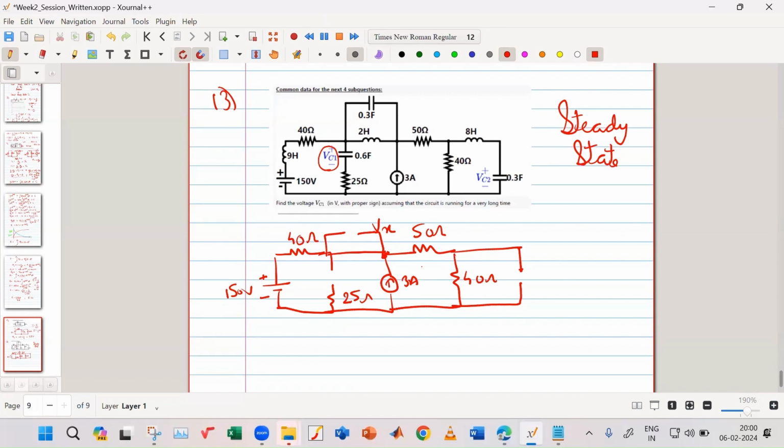Apply KCL. Current is flowing out here, current is going in. So we have Vx minus 150 divided by 40 plus Vx divided by 90 is equal to 3 ampere. Any doubts in this, by applying KCL?